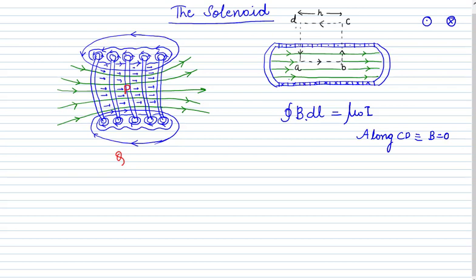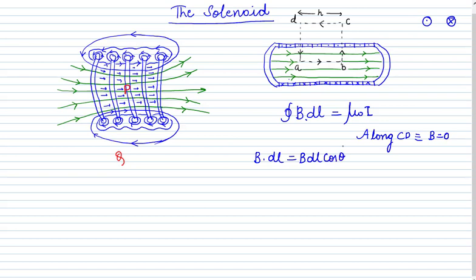And if you come to these vertical arms, BC and AD, the transverse sections, then B dot dl is equal to B dl cos theta.